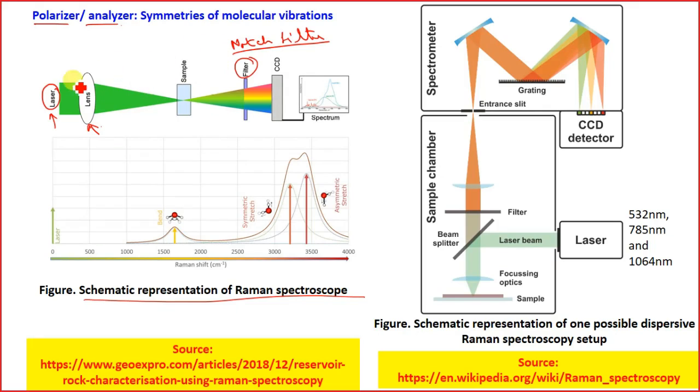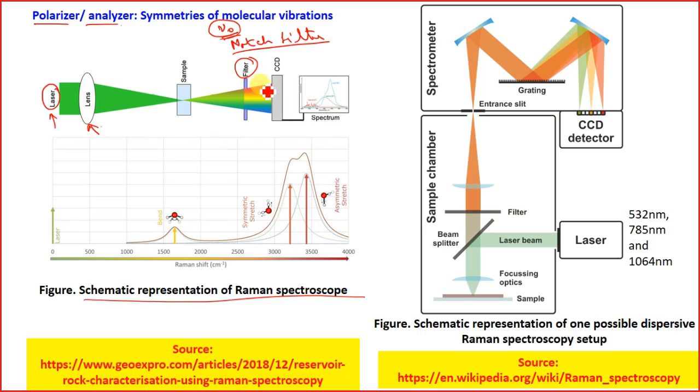Okay, so to eliminate the laser frequency, which is basically mu naught, we apply an optical filter, which is the notch filter, and this notch filter will stop this frequency, mu naught.